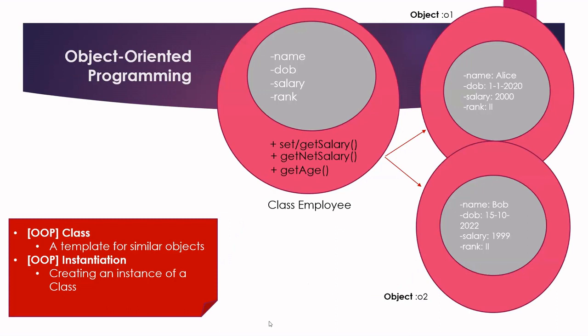And then we instantiate, so we create instances of the template. That's what we call the object. So these two concepts are class and instantiation. Instantiation is just the creation of the object out of the class template.